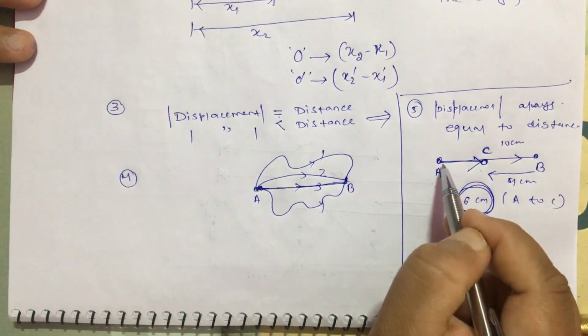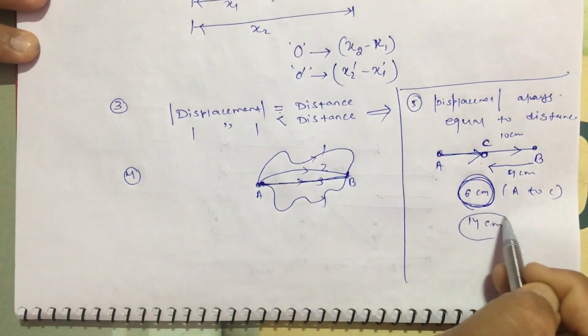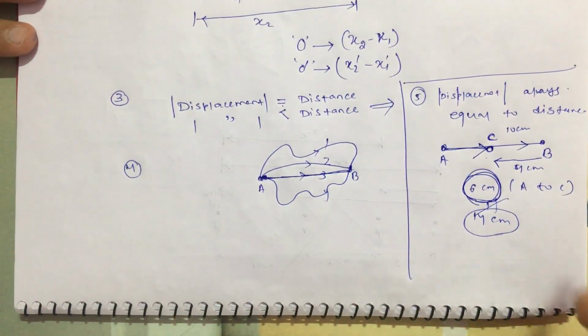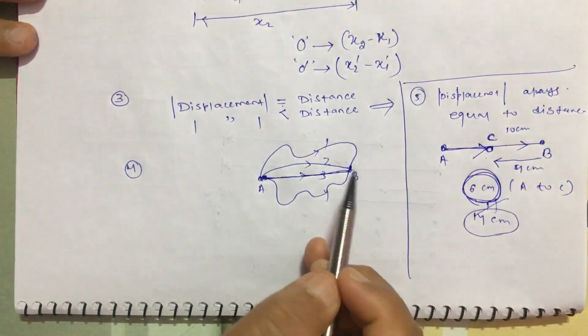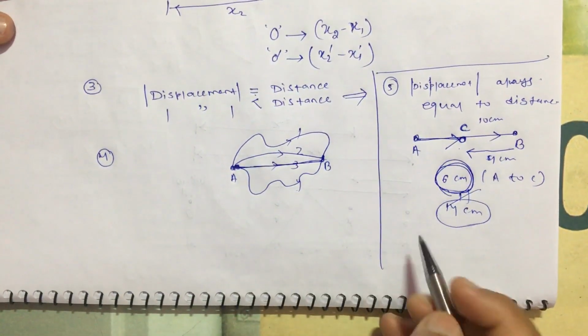This is the displacement, meaning the magnitude of displacement is 6 centimeter. What is the distance travelled? 10 plus 4, that is 14 centimeter. This is the distance, and they are not equal, okay. Now the question is, when are they going to be equal? When can we say that the magnitude of displacement is equal to distance?